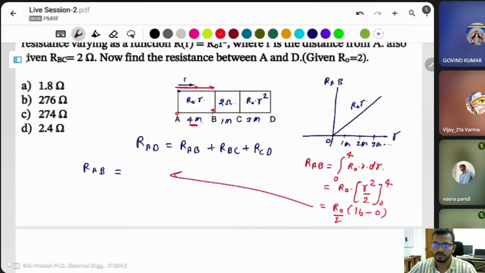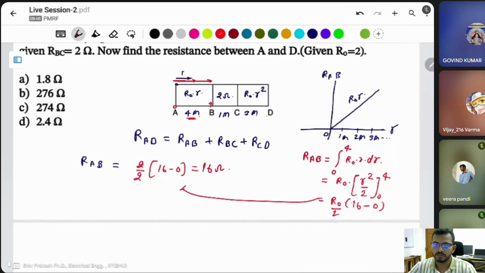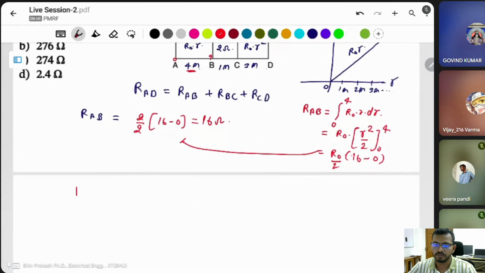R naught is 2, given in the question. So 2 by 2 into 16 minus 0 is equal to 16 ohm. Okay, RAB is fine. Then what is the RBC?